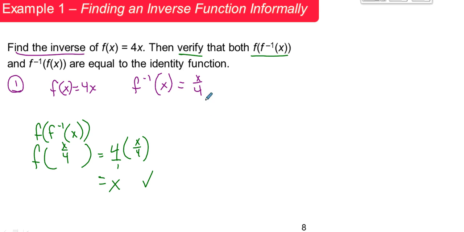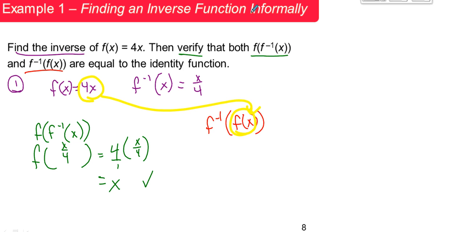So now we're going to see what f inverse of f of x is. Again, I'm going to put f of x, the 4x, in there. So I'm going to write that as f inverse of 4x.